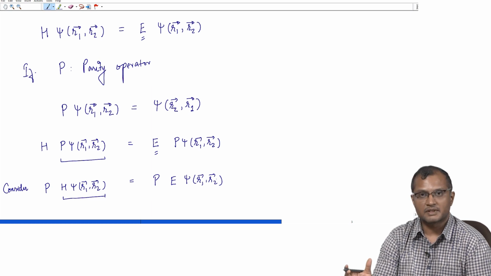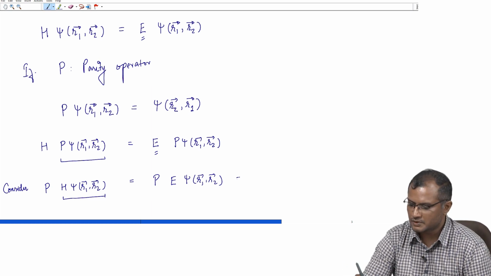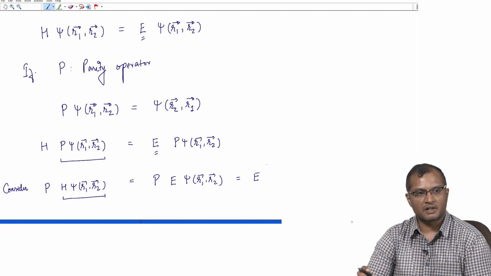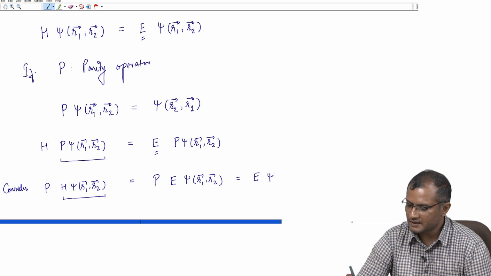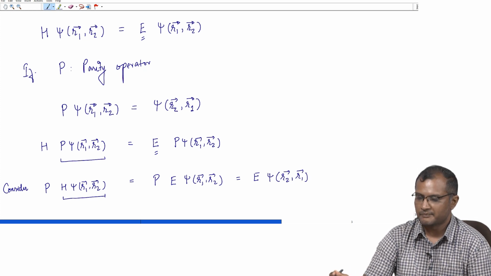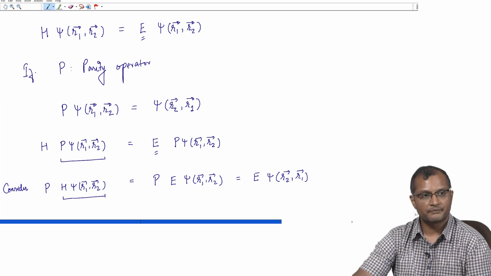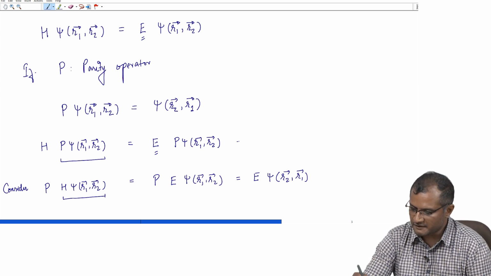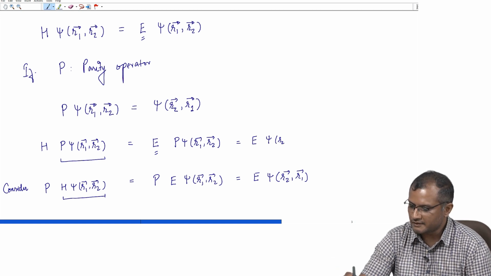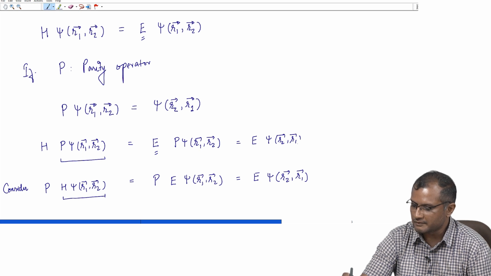But E is just a number, it is the eigenvalue. So I can write this as E times P operating on psi R1 R2, which is nothing but psi R2 R1. You can compare with the previous equation, this is also E multiplied by psi of R2 R1.